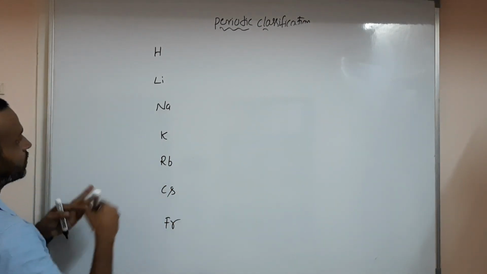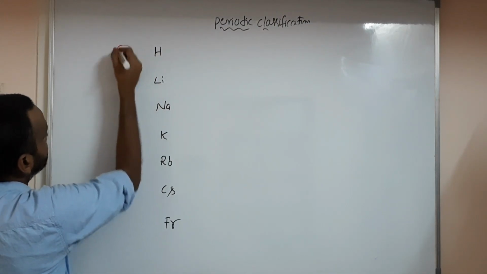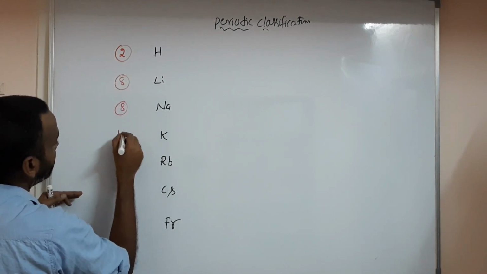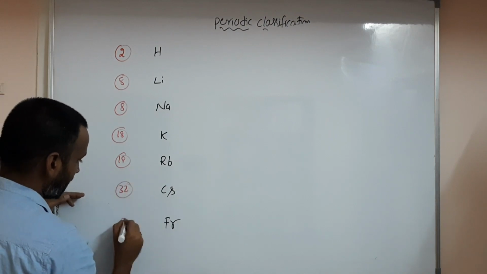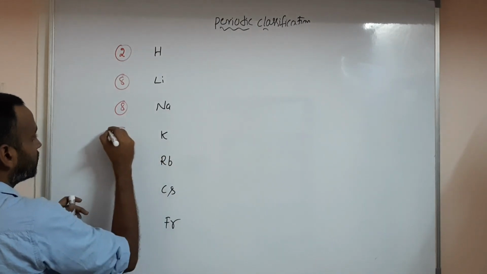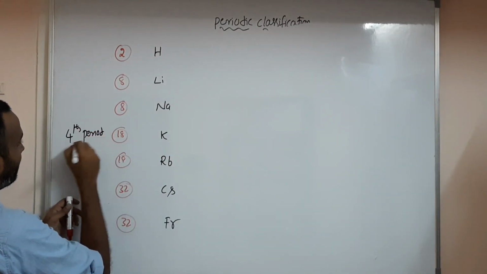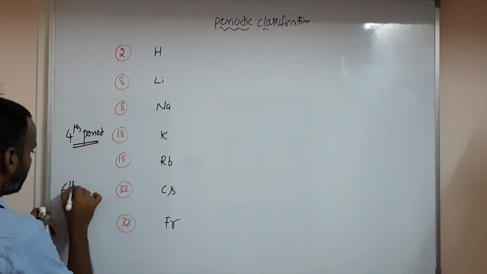Actually the first period consists of 2 elements, then 8 elements, 8, 18, 18, 32 elements. So this is actually the fourth period I am writing, and here you have the sixth period.